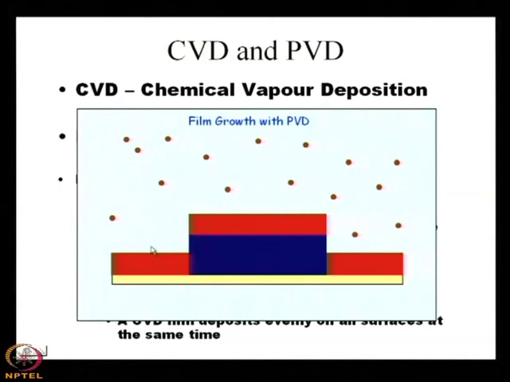The red is the film, the blue is the substrate, and the yellow is the susceptor. So, you see that the sides are not covered by any film. So, the step coverage is not good.